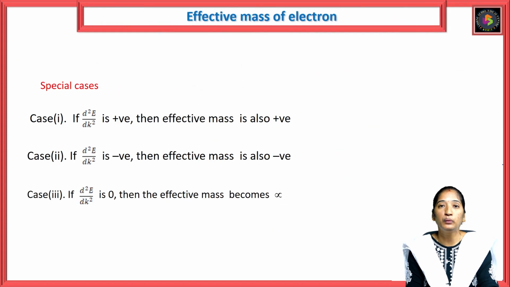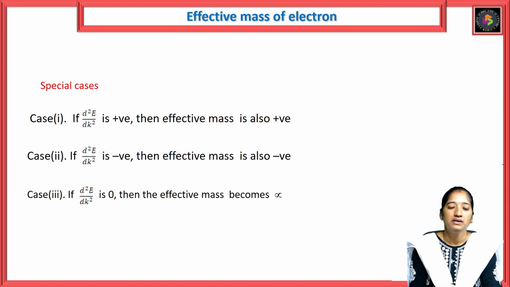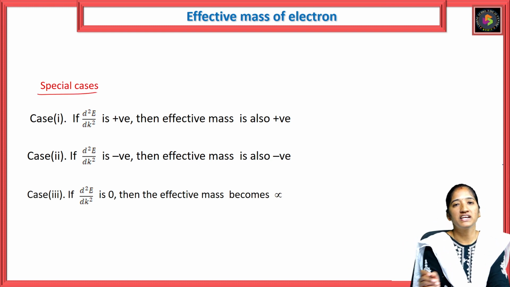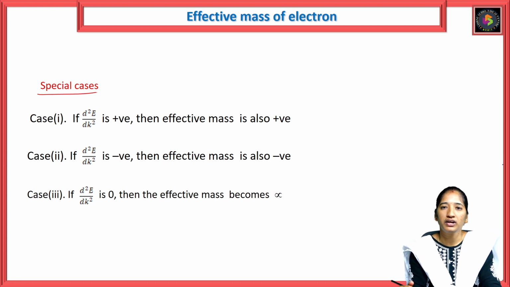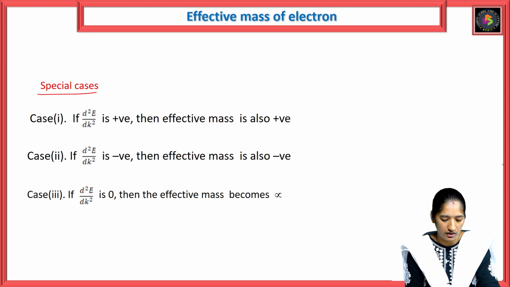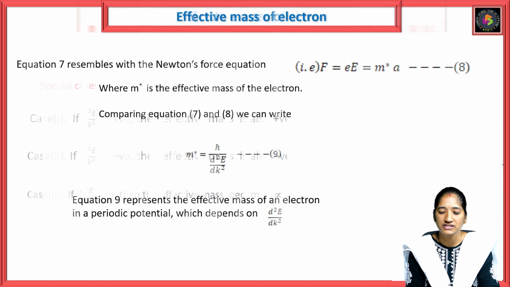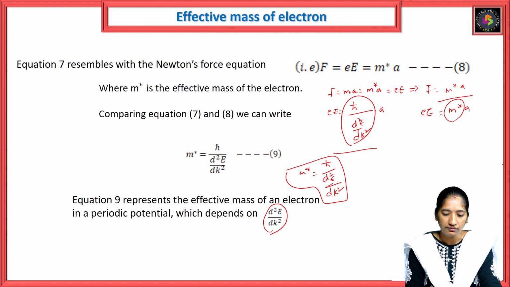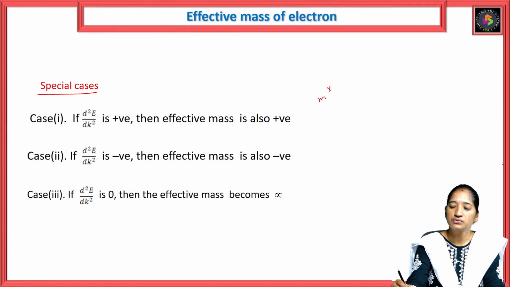Now let us talk about how d square E by dk square changes. That purely depends on this parameter. So let us talk about some special cases, because the effective mass of an electron depends on d square E by dk square. In the first case, if d square E by dk square is a positive value, then the effective mass is also a positive value, because m star is equal to h cross square by d square E by dk square.